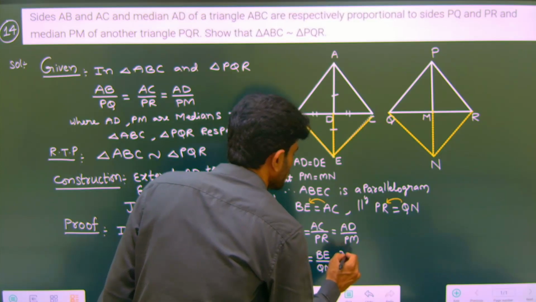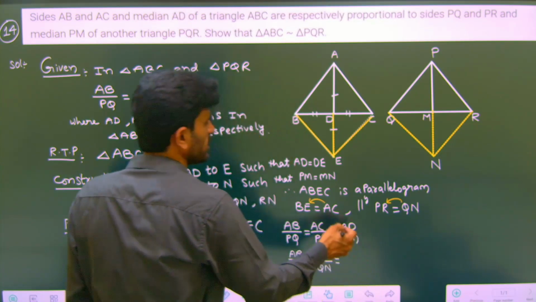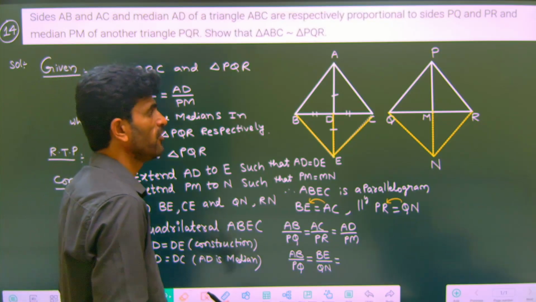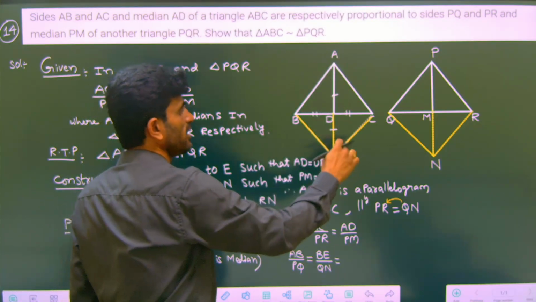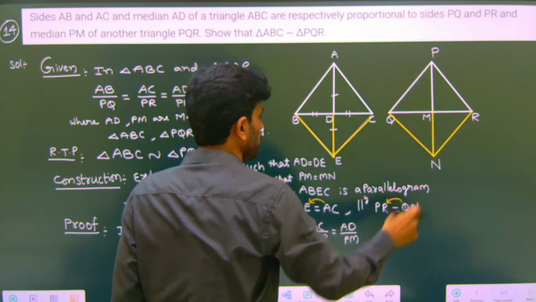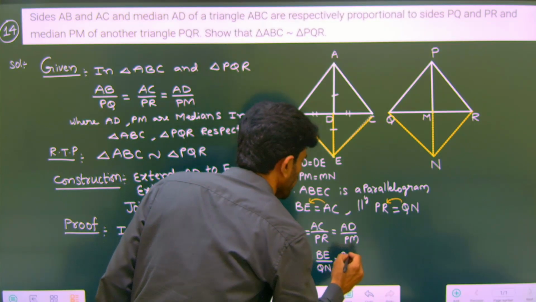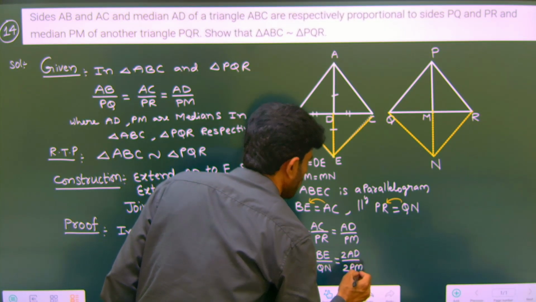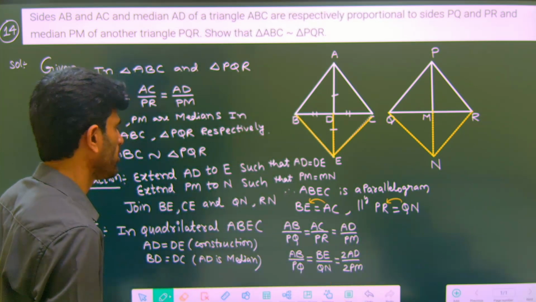I write AD by PM as 2AD by 2PM, multiplying 2 in the numerator and denominator.